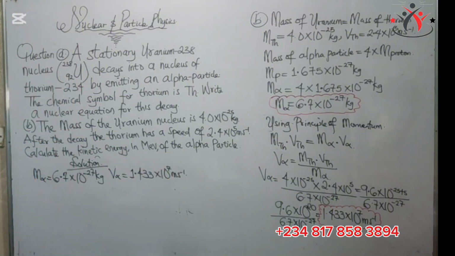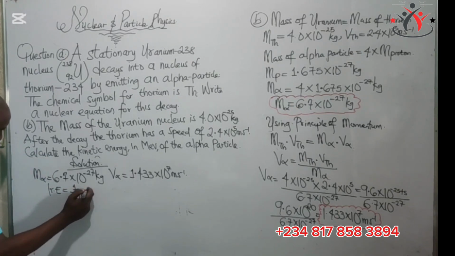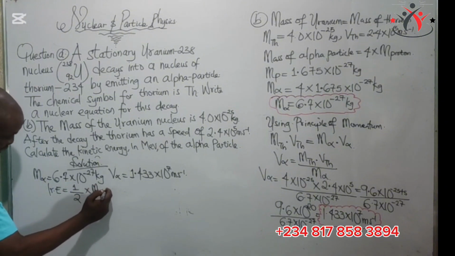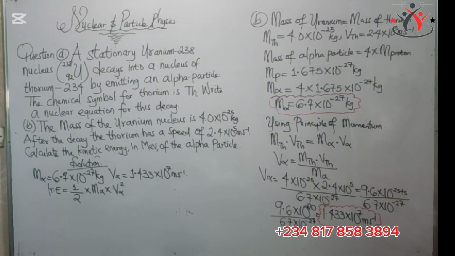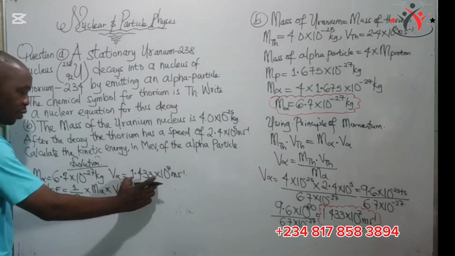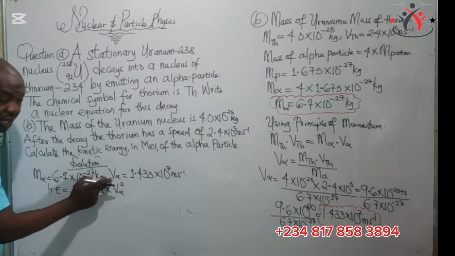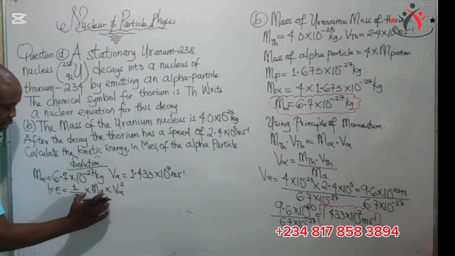Now the formula for calculating the kinetic energy is 1/2 multiplied by the mass of the alpha particle, then multiplied by the velocity of the alpha particle raised to the power of 2. So we're going to plug in the values for V alpha and M alpha into this equation.